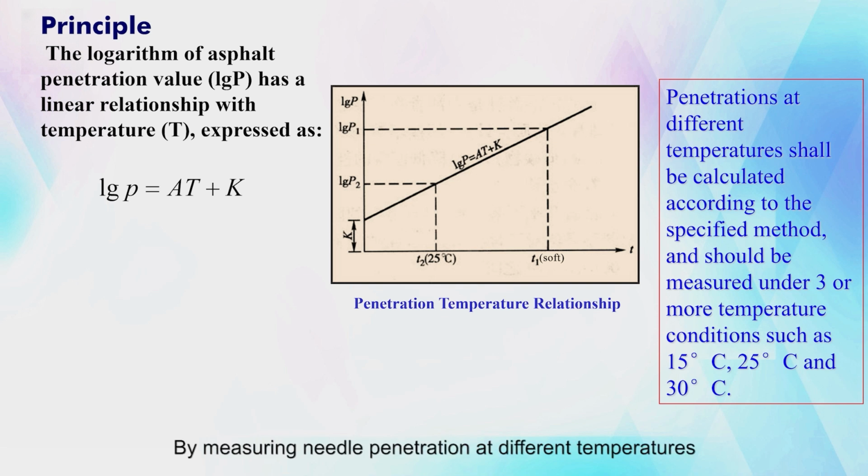By measuring needle penetration at different temperatures, we take the temperature as the horizontal axis and the logarithm of the measured needle penetration values as the vertical axis. We have drawn a curve depicting the relationship between the logarithm of needle penetration and temperature.